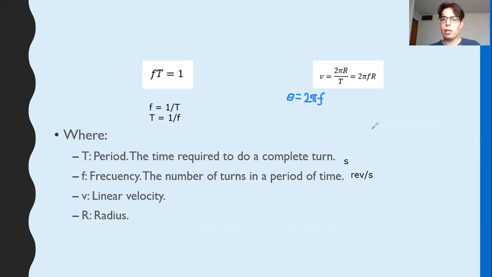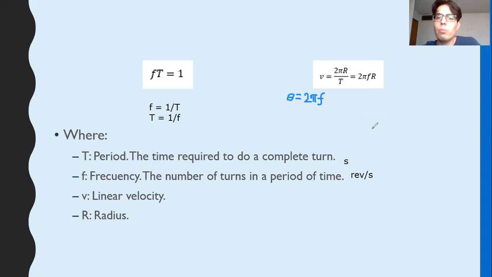That is the formula for angular displacement. How many revolutions are you doing, and you multiply it by 2 pi. That's gonna give you the radians, because one revolution's equivalence is 2 pi. So that's basically it.